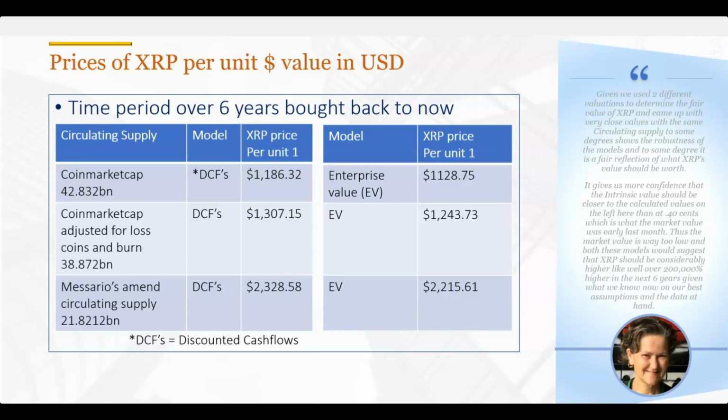Now, even if a client doesn't use XRP themselves, Ripple themselves are still transacting on behalf of the client, and they will use XRP. So either way you like it, cut, slice and dice it, even if we're 90% wrong in terms of two of our valuation models, DCF and enterprise value, and we only get 10% of these prices, it doesn't matter, because it's still saying 130 or 232 against a market price of 40 cents.